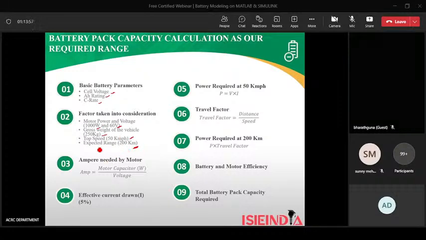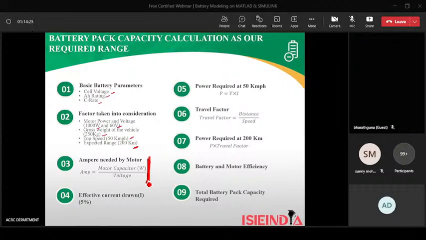First we calculate the ampere, the current which is needed by our motor. At first I am calculating the current which is required by our motor. Is everyone comfortable with what I am trying to do here?